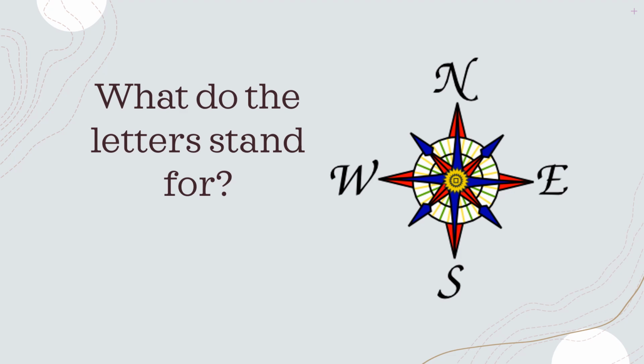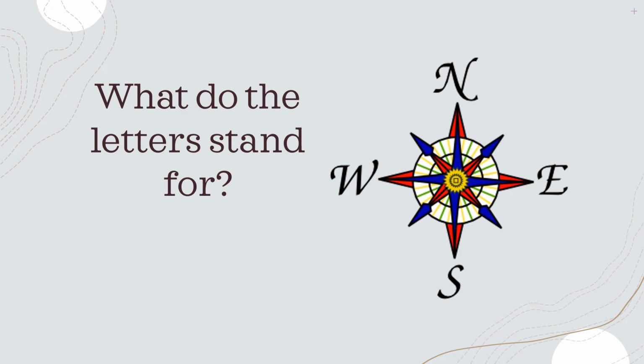At this point, does anybody know what the letter N stands for? That is correct, north. What about the letter E? That is correct, east. And what about the letter S? That is correct, south. And finally, what does the letter W stand for? And that is correct, west.